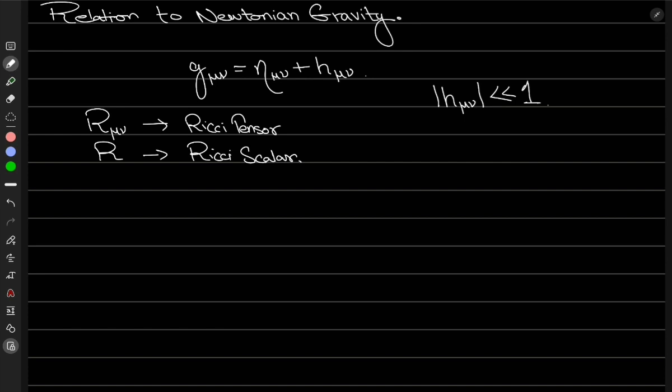You understand the differential geometry first, and then you start diving into gravity, where you develop the Einstein field equations and so on. Now I'm going to expand both of these, tensor and scalar, to the first order in h mu nu, the perturbation.